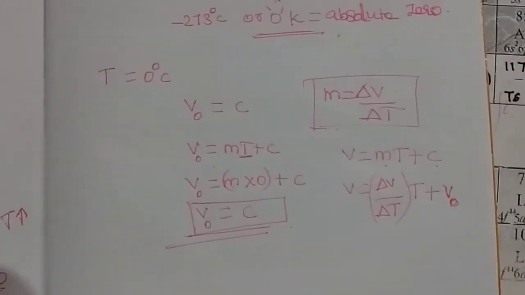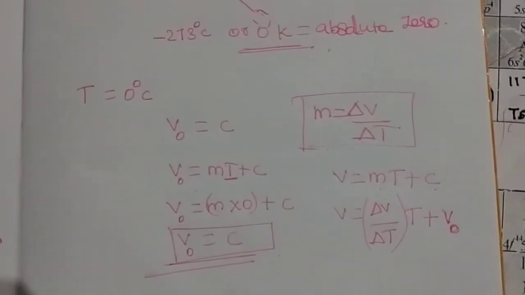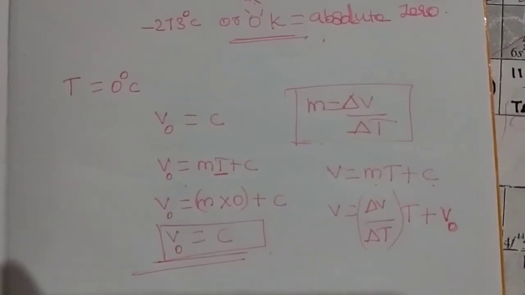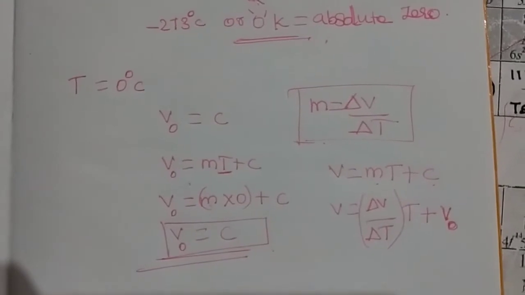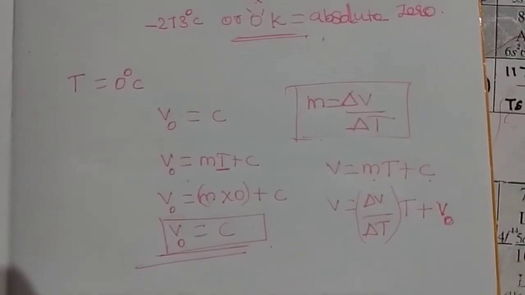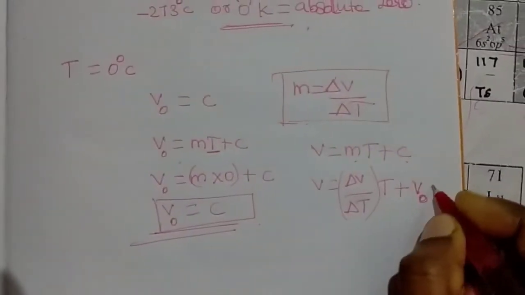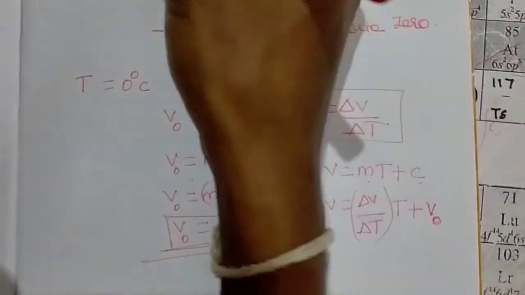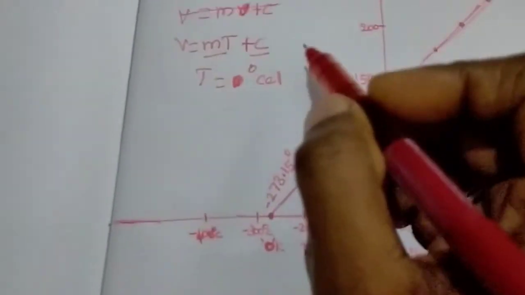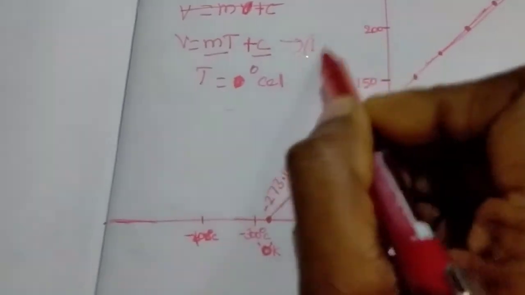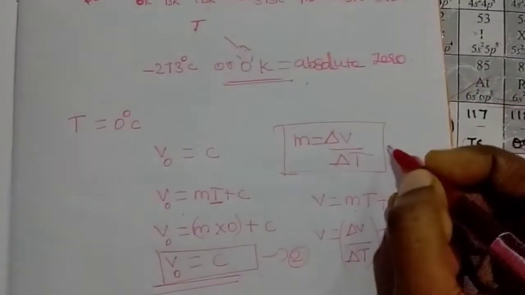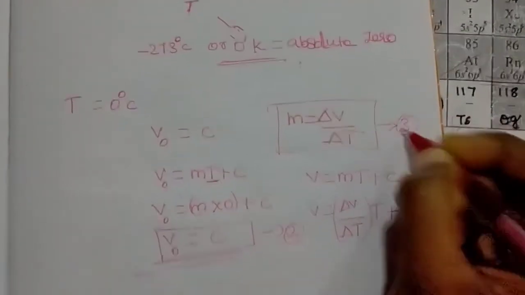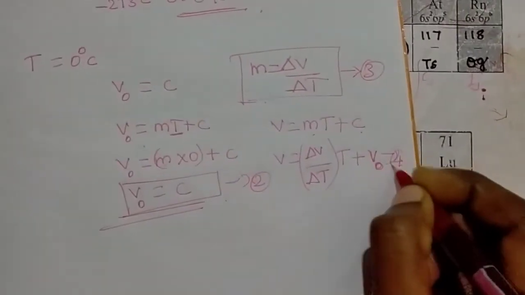Here the number of molecules present in the system is constant, and the pressure is also constant. Because of that, we can divide this full equation. Consider these equations as number 1, 2, 3, and this is 4.